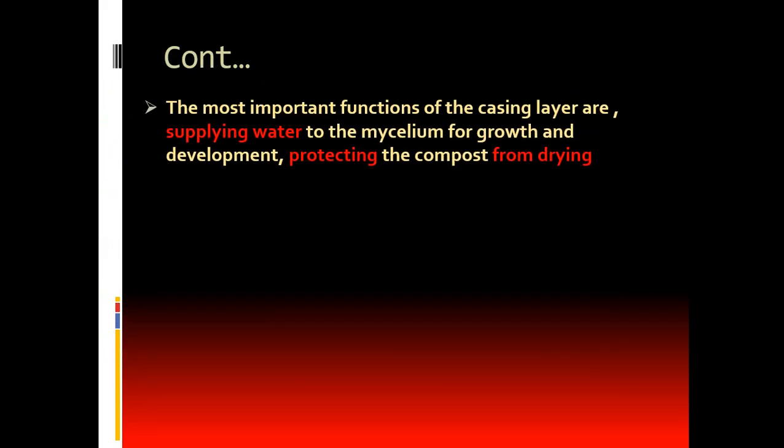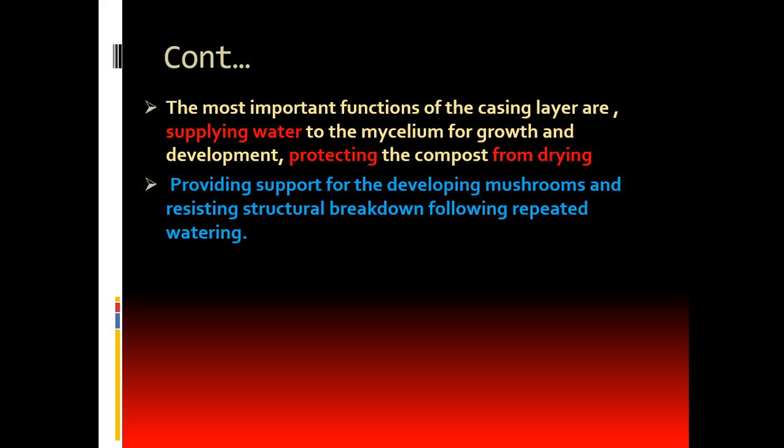Okay, now the most important functions of the casing layer are supplying water to the mycelium for its growth and development, which we call the spawn run, and protecting the compost from drying. Also providing support for the developing mushroom. It is most important as support for the growing mushroom.